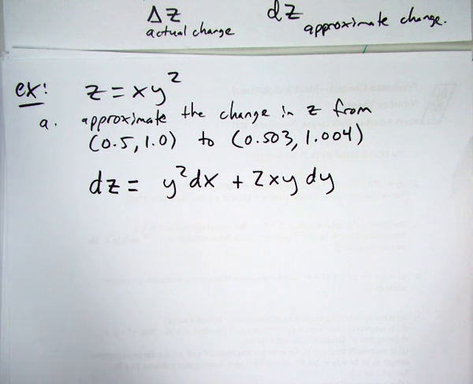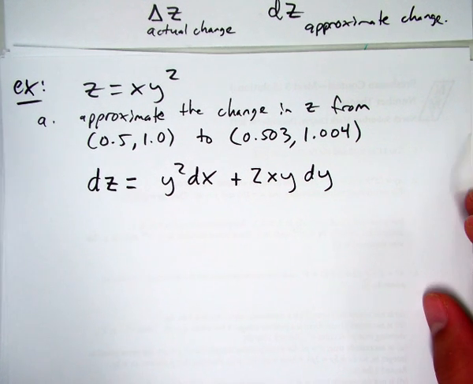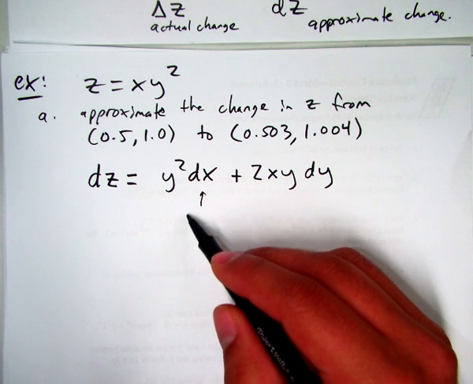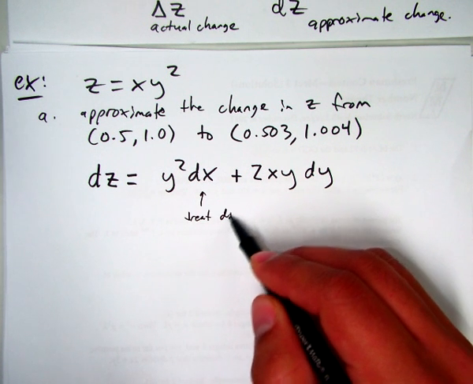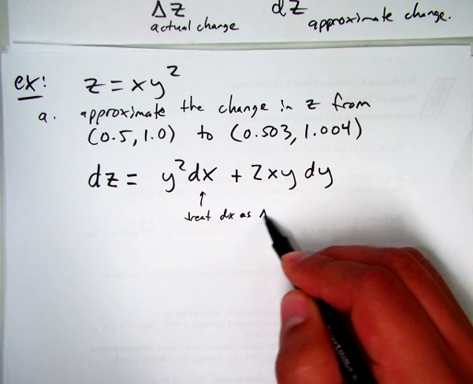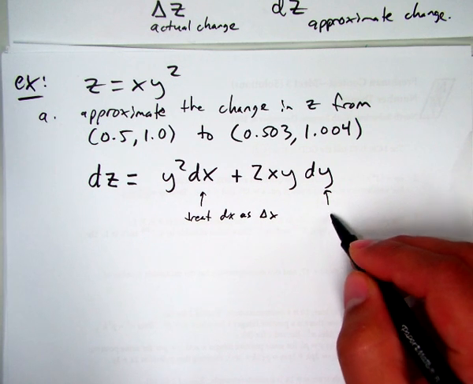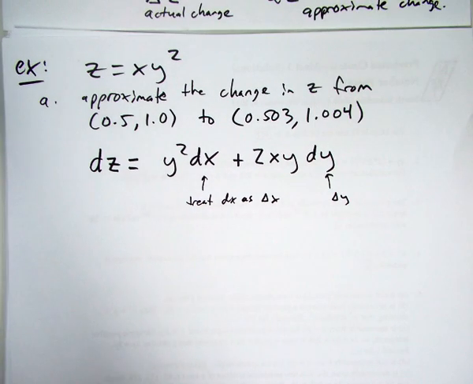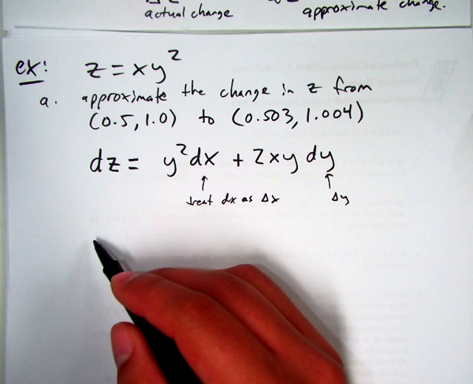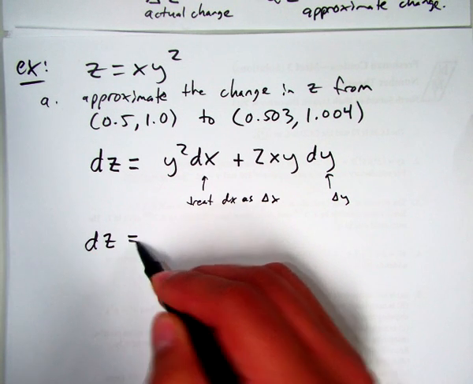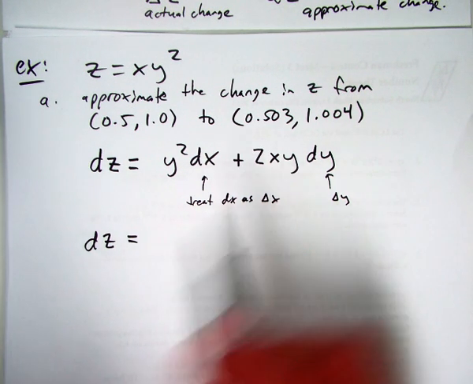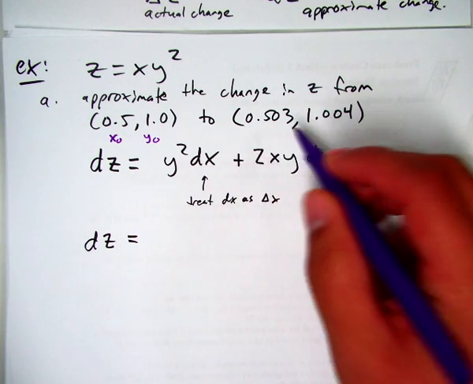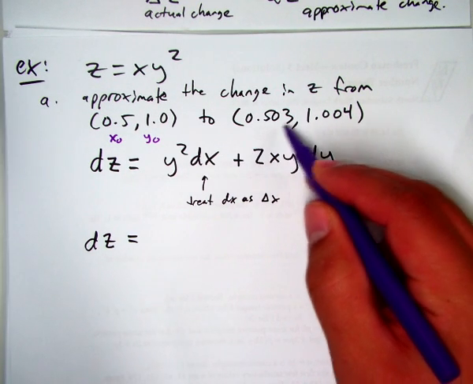Okay? Now, we're going to treat dx as the change in x, and we're going to treat dy as the change in y. So now we're going to approximate the change. So then dz, using, just to make this clearer, this is our initial point, and this is where we are moving to.